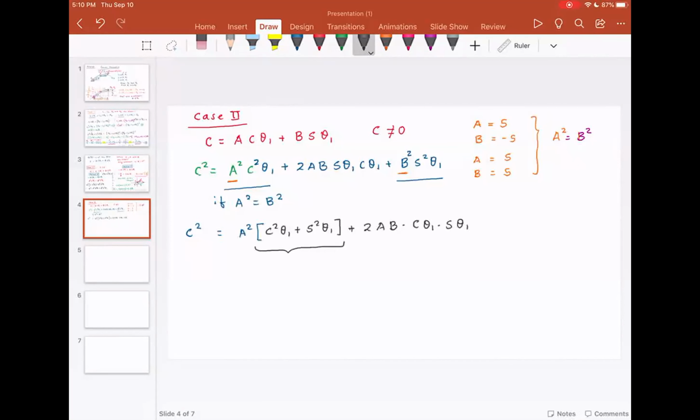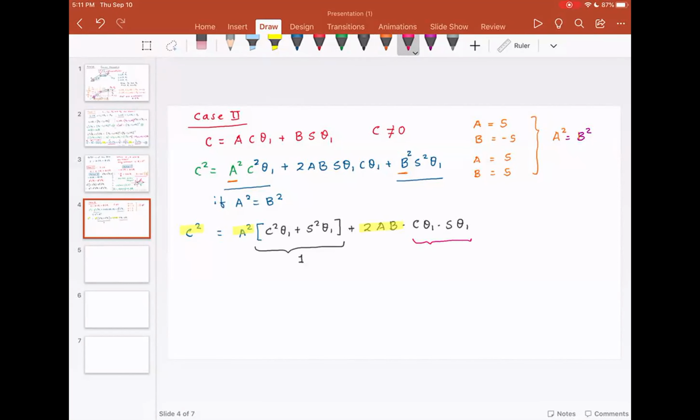This term is now 1. And out of that, C square is known, A square is known, 2AB is known. So we are left with cosine theta 1 and sine theta 1.